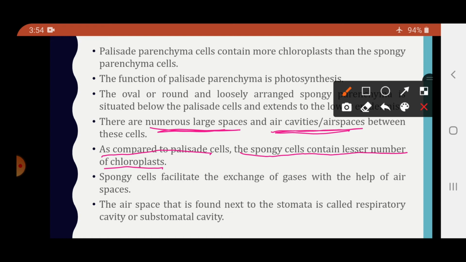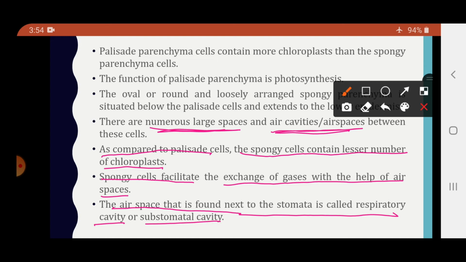So, what is the main function of the spongy cells? The spongy cells facilitate the exchange of gases with the help of air spaces. What is there between the cells? Air spaces. With the help of these air spaces, the spongy cells help in the exchange of gases. The air space that is found next to the stomata is called the respiratory cavity or substomatal cavity.